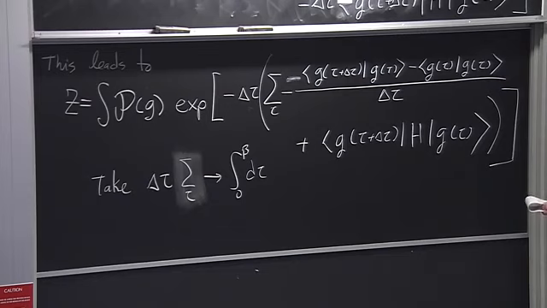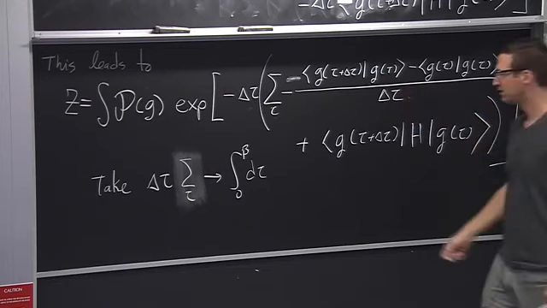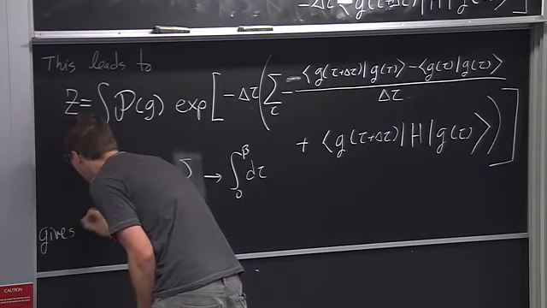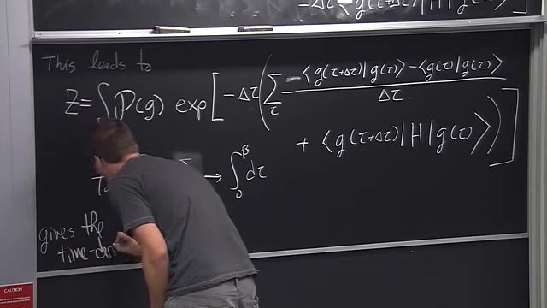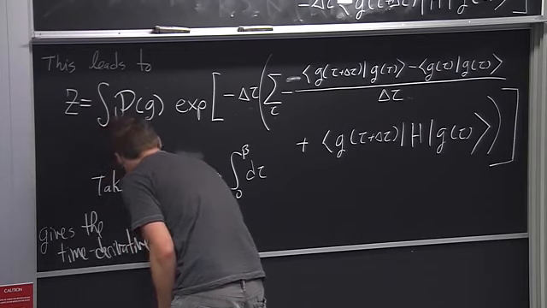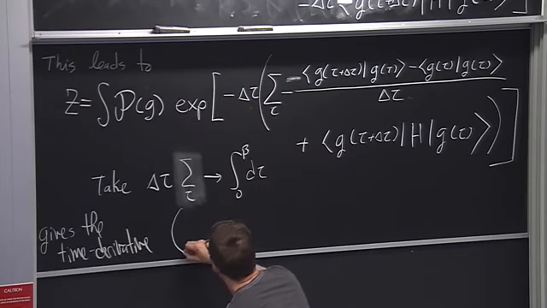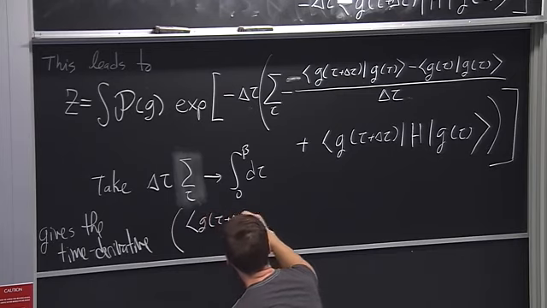And then we get the time derivative from this term, right? Just like before. I'm going to write it like this. Tau plus delta tau.